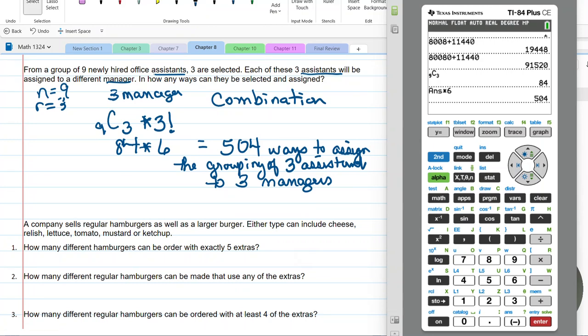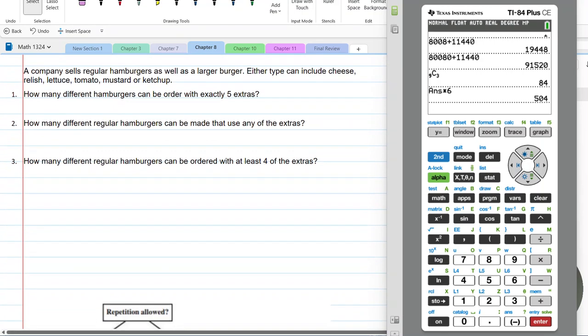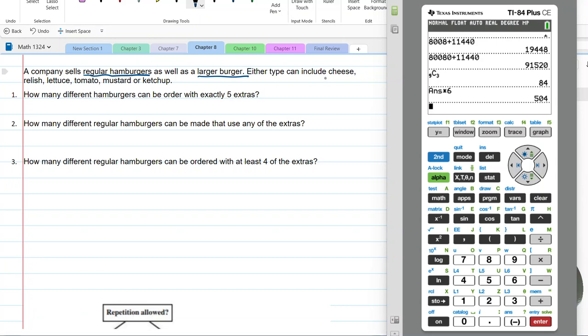All right. So there you have it. Okay. A company sells hamburgers as well as a regular and a larger. So we got 2 types. Either type can include cheese, relish, lettuce, tomato, mustard, or ketchup. So automatically we need to assess what we have.